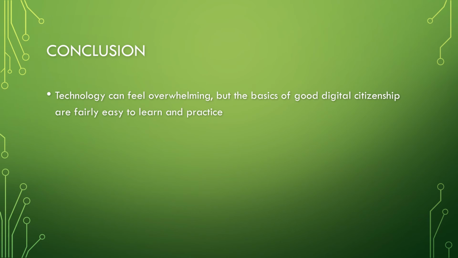It can be difficult to navigate your way through those things. But the basics of good digital citizenship is not that complicated. It's pretty easy to learn how to be a good digital citizen, how to practice good netiquette, and how to take the basic safety and security measures you need to protect yourself online.